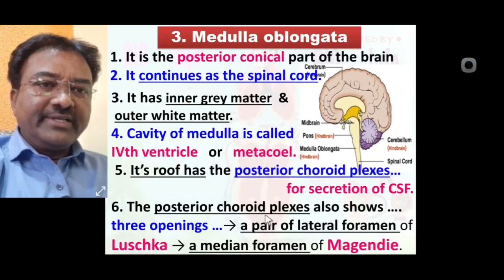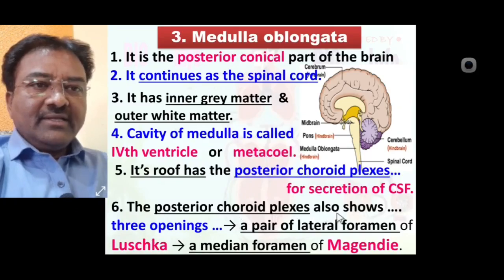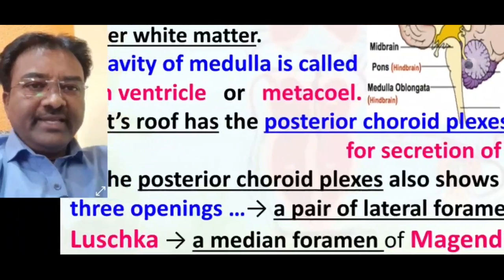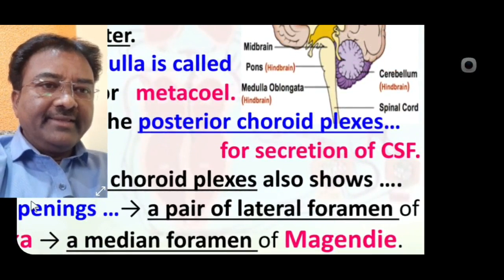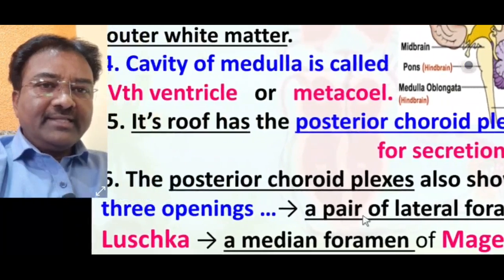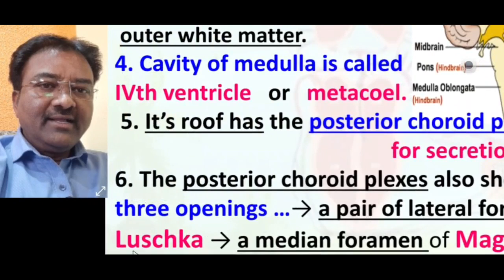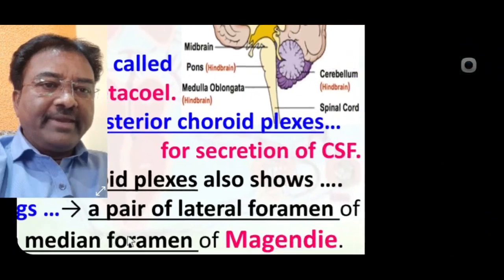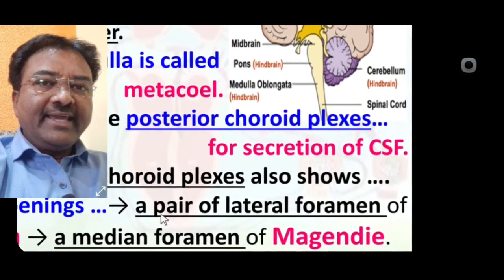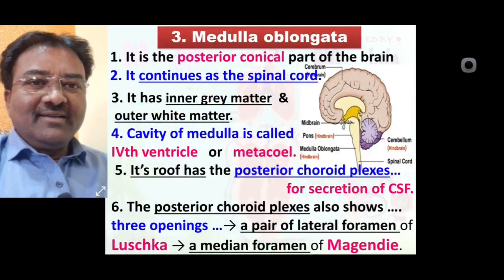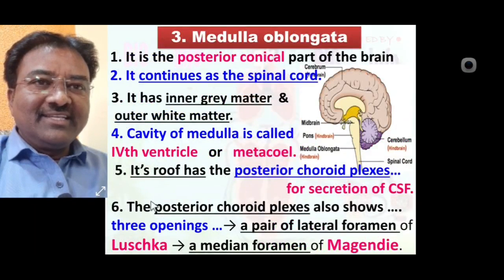Always remember: a pair of lateral foramina known as foramina of Luschka, and a median foramen known as foramen of Magendie. Up to this we discussed in detail a total of six different characteristics of medulla oblongata.